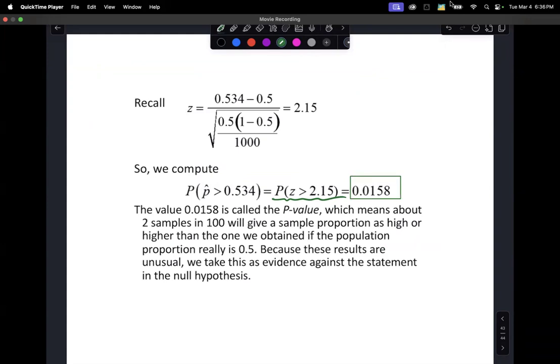That's my p-value. I compare that to whatever alpha was given to you. If your p-value is less than your alpha, we reject the null hypothesis.